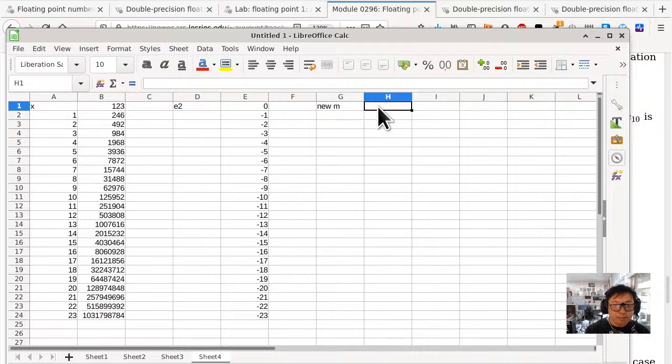The new m is going to be this value. Okay, it's already the largest value we can fit into 16 bits in this case. Remember, we have to add 5 to it first before we divide it by 10.